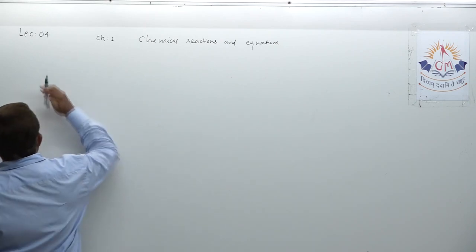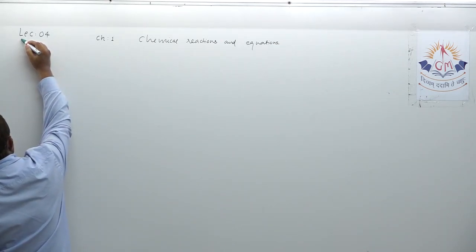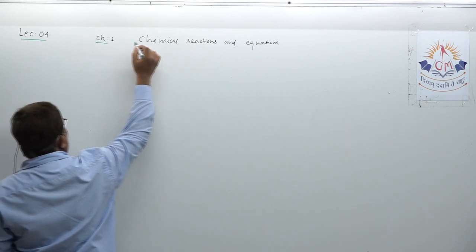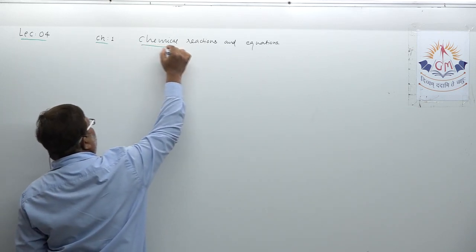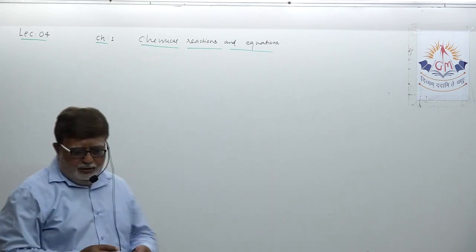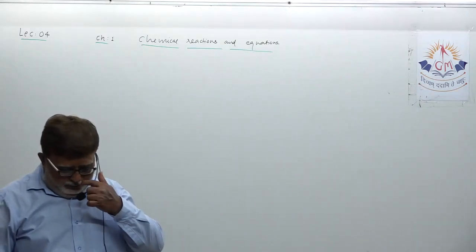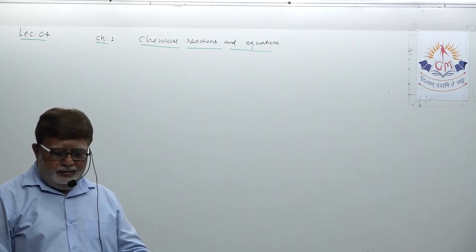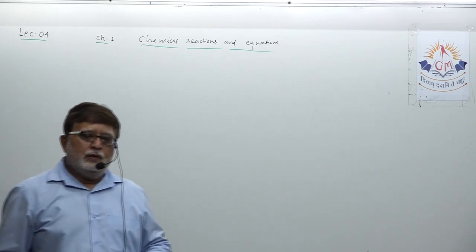The last time in lecture number 3 we discussed in detail the hit and trial method, and in today's lecture we are going to practice the hit and trial method.